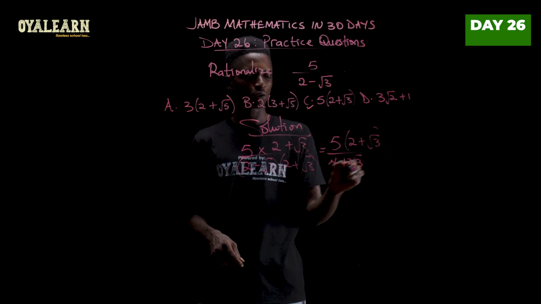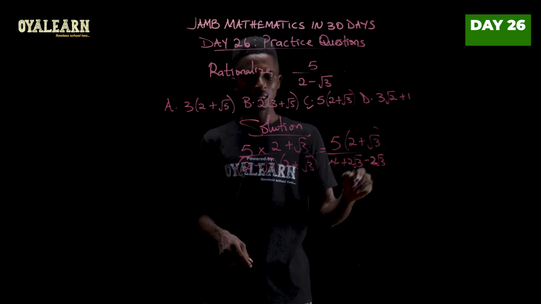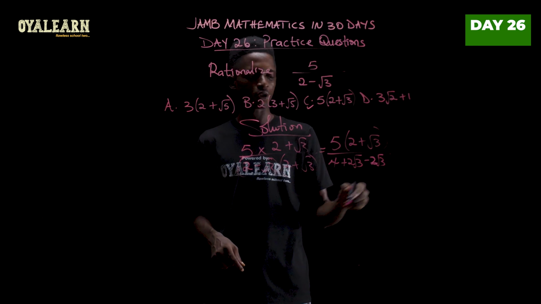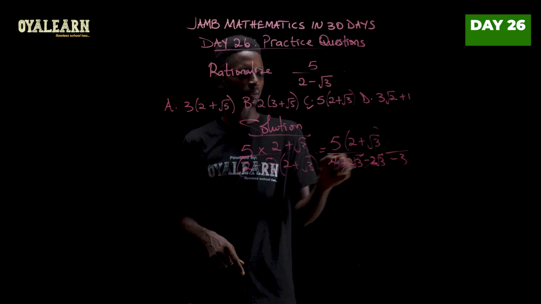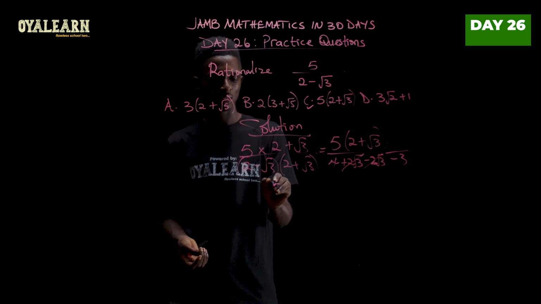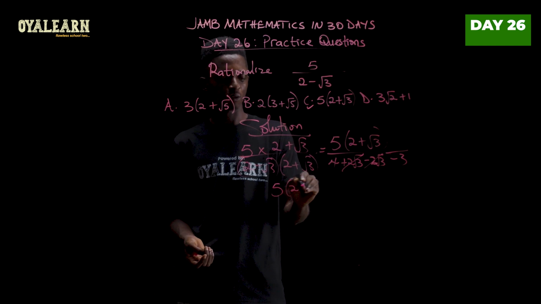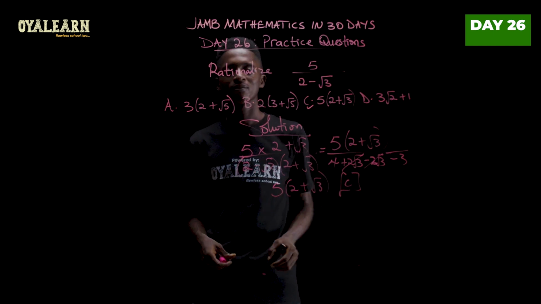Minus root 3 times 2 will give you minus 2 root 3. And then minus root 3 times plus root 3 will give you minus 3. So we see this becomes 0. And 4 minus 3 is 1. And anything divided by 1 remains. So 5 into 2 plus root 3. So the answer is still C.